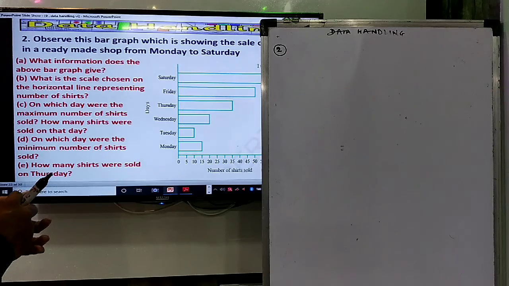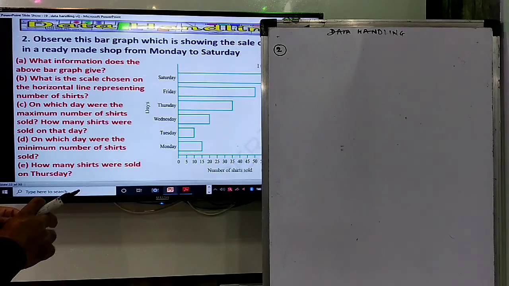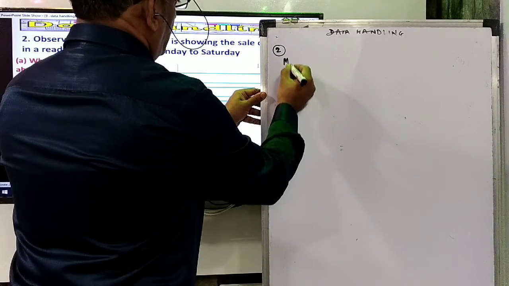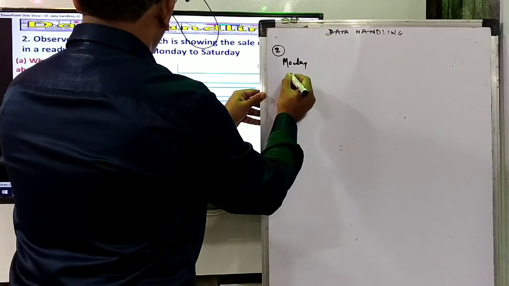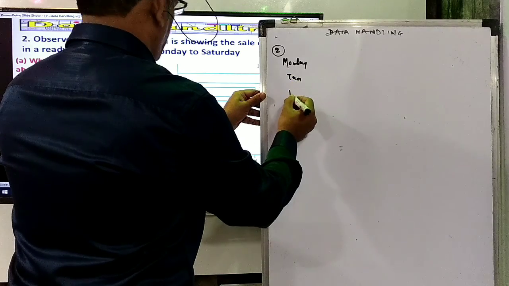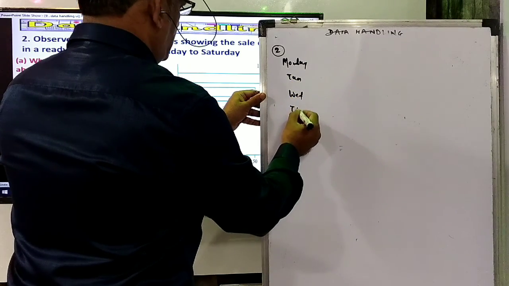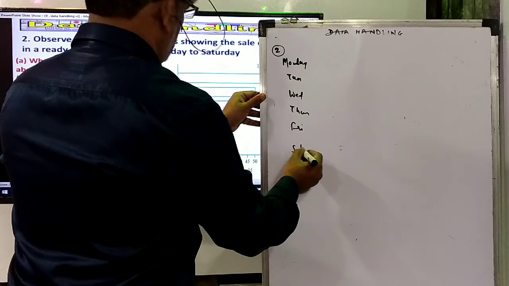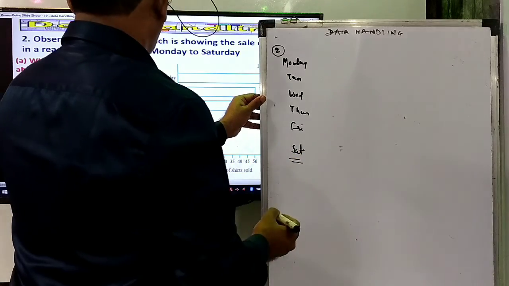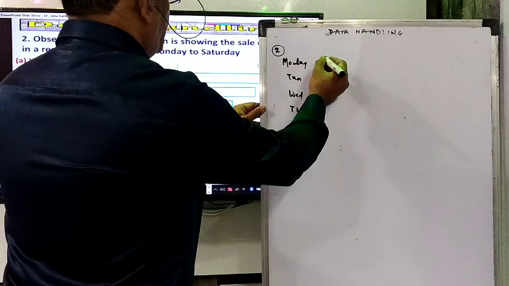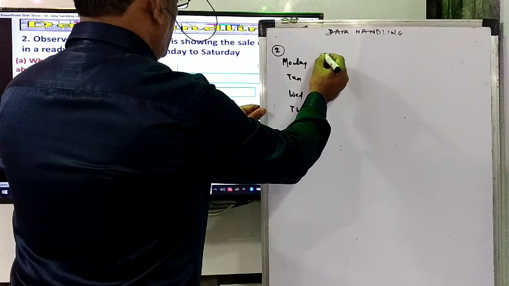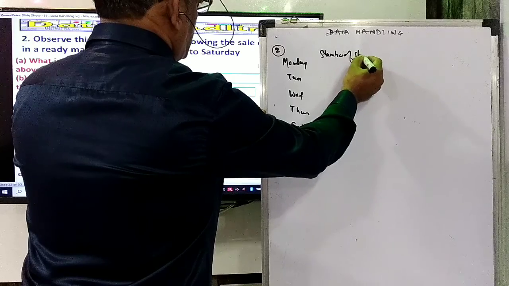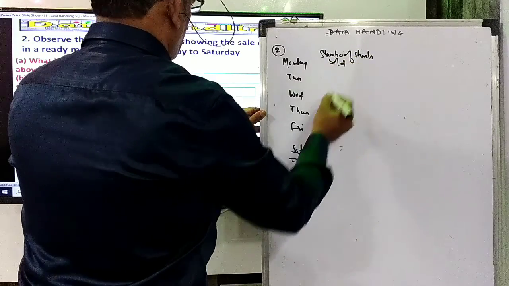Observe the bar graph which shows the sale of shirts in a ready-made shop from Monday to Saturday. Now let us read the data. Monday, then Tuesday, then Wednesday, then Thursday, then Friday, then Saturday. So these are Monday to Saturday. How many shirts were sold?